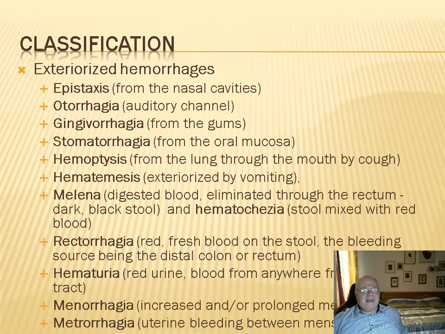And we have listed here these names: epistaxis, otorrhagia, gingivorrhagia, stomatorrhagia, hematoptysis or hemoptysis, hematemesis, melena, rectorrhagia, hematuria, menorrhagia, metrorrhagia, for each of them having in the text also the definition. You can read it from the slide or from the book.